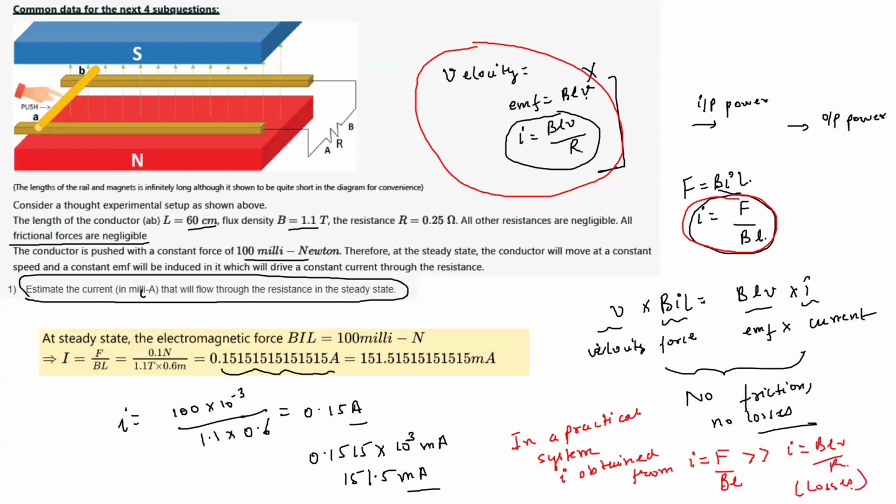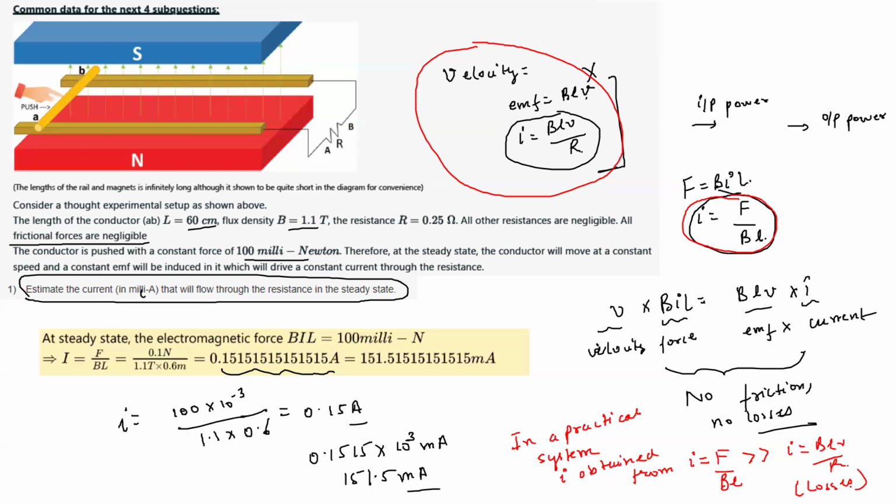But because there are no losses, only then can you use this approximation that the current we are obtaining from both is exactly the same. Did you understand all this discussion? I hope you have understood.